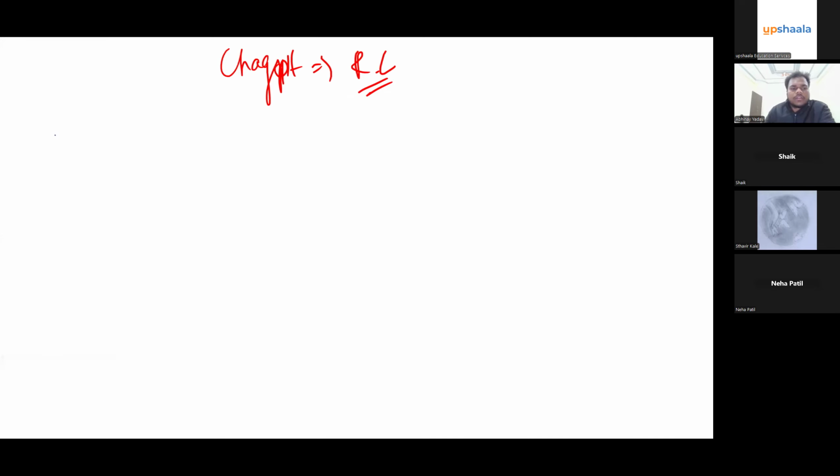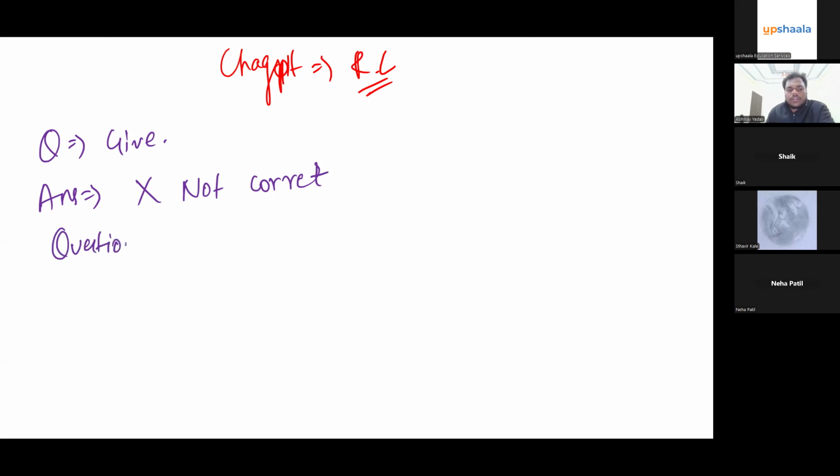So suppose you ask some question to ChatGPT, and the answer provided by ChatGPT is not correct in nature. So what do you do? You ask the same question again, or maybe this question was not up to the mark, maybe it had some inaccuracy. You give the same question again, and this time you get the correct result.